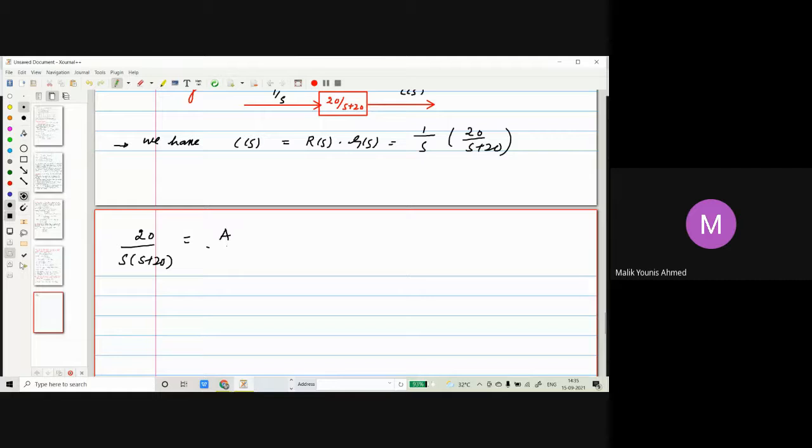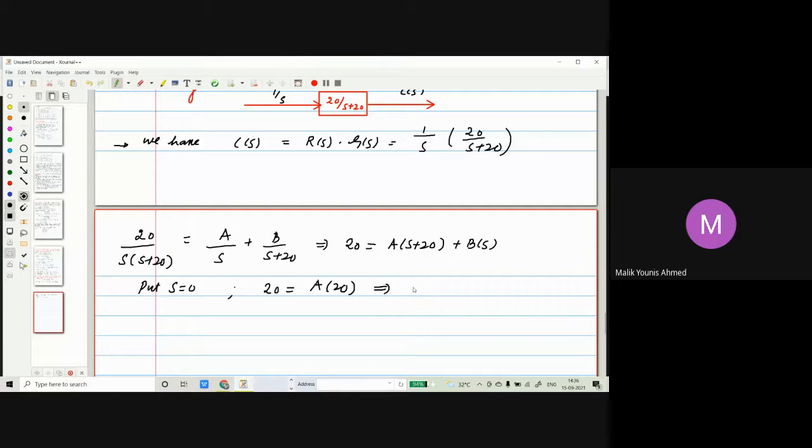So that will be A divided by S. So 20 will be equal to, multiplying by the denominator, okay, now substituting S equal to 0, what are you going to get? 20 will be equal to A times 20.